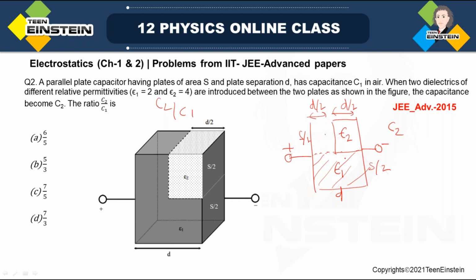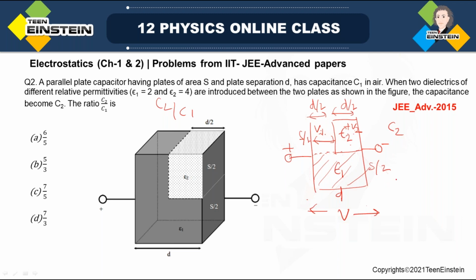Now one point is that these two have the same potential as these two. If I say the potential difference between these two plates is V, then this particular portion has potential difference V, but these are divided into V1 plus V2. That means these two are in series.